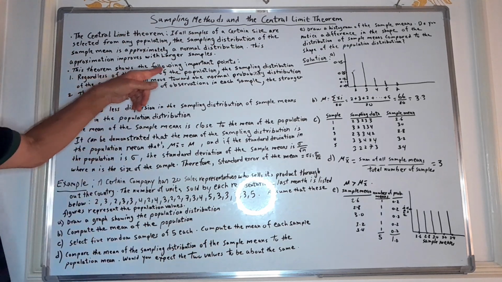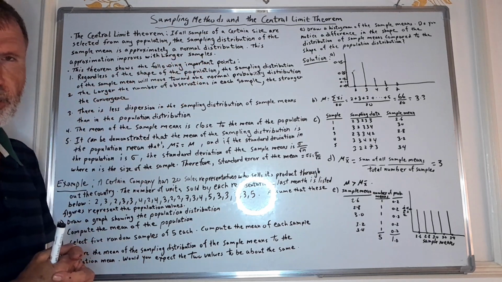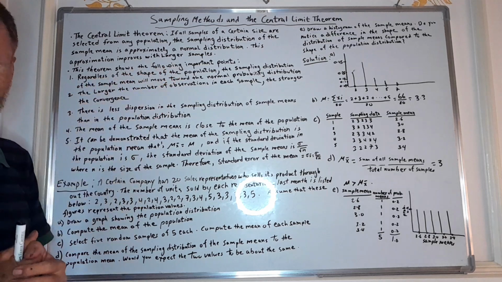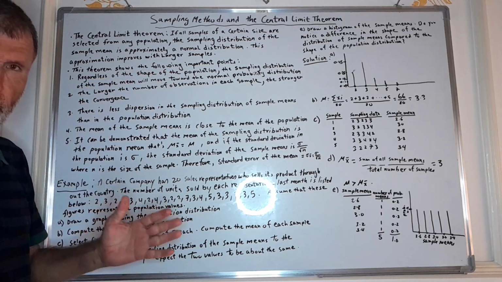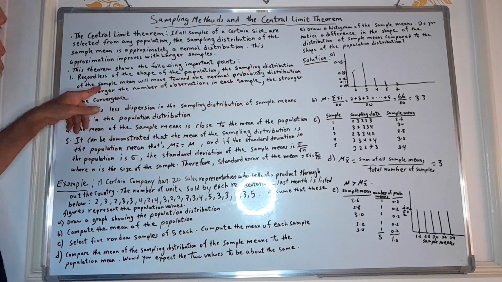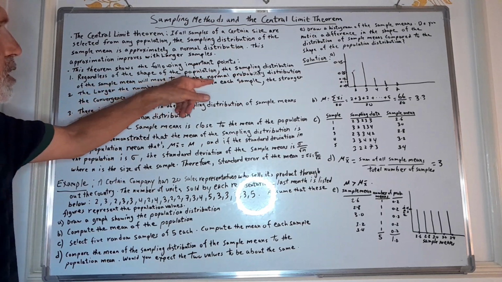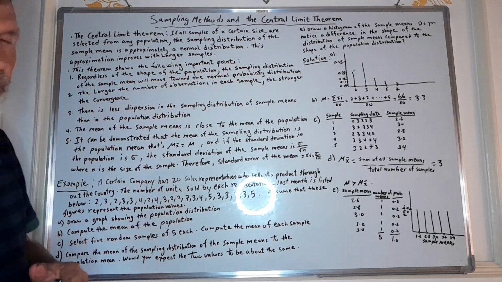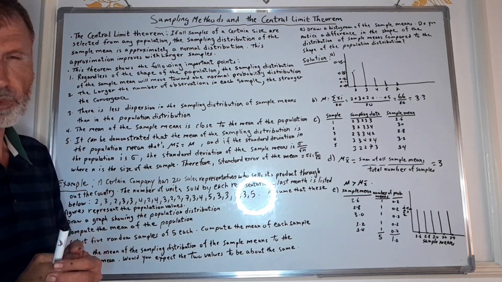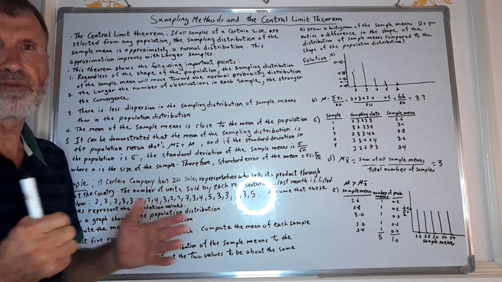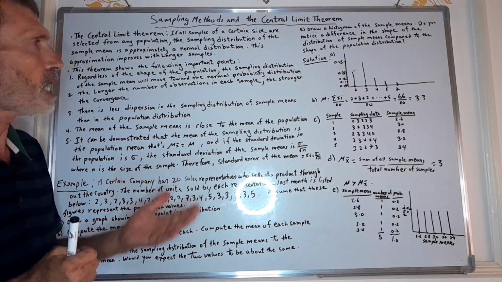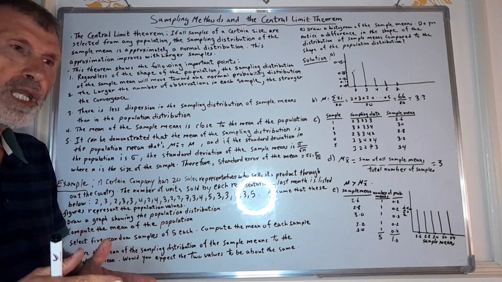So this theorem shows the following important points. The conclusion of that theorem is that regardless of the shape of the population, no matter what the population shape looks like, the sampling distribution of the sample mean will move toward the normal probability distribution.